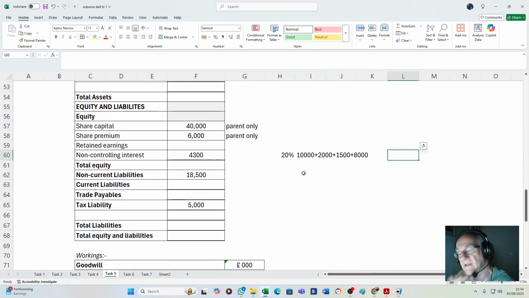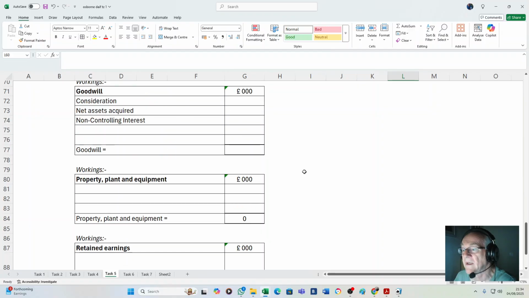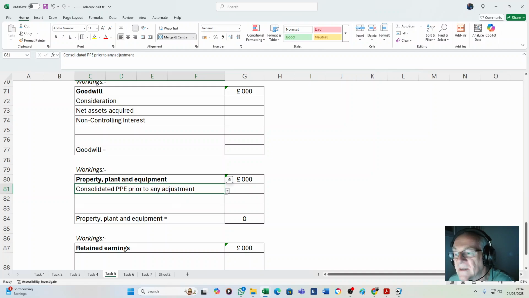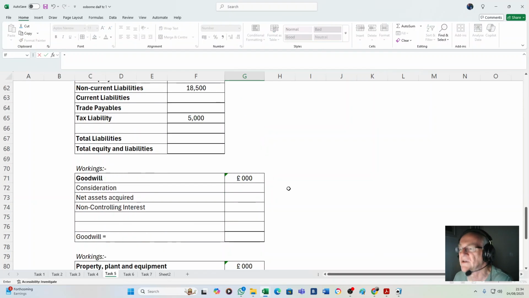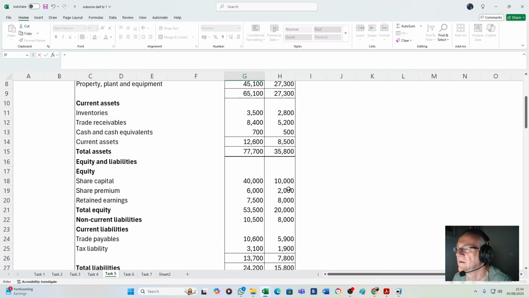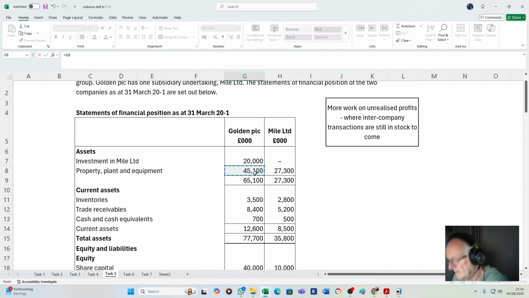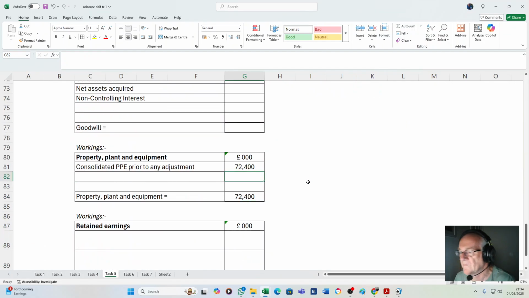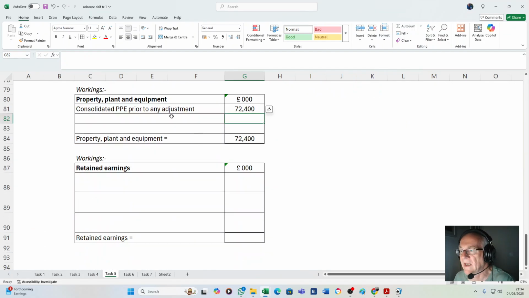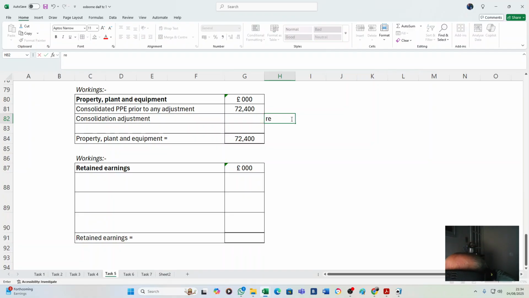So property, plant and equipment's one of them. This one's got its own workings out box, and the current version isn't the two, well, it is the two added together, however you don't see it as two separate rows in the latest versions. Prior to adjustment, the two added together, and then we've already worked out the revaluation, because that's what it actually means.